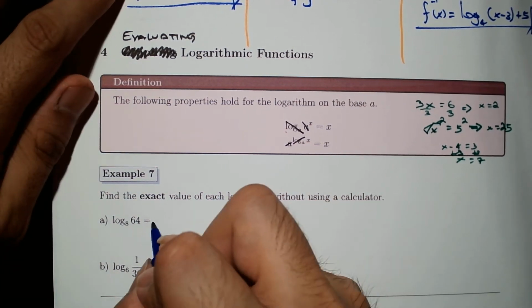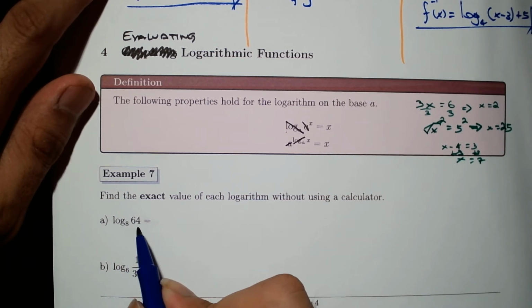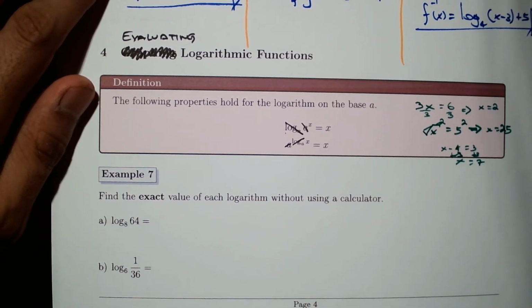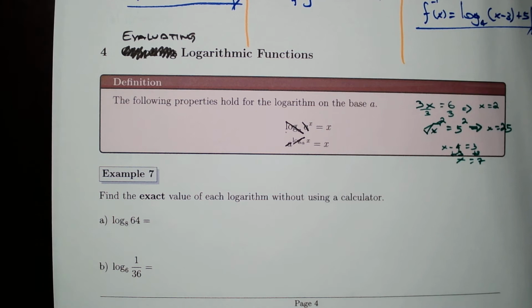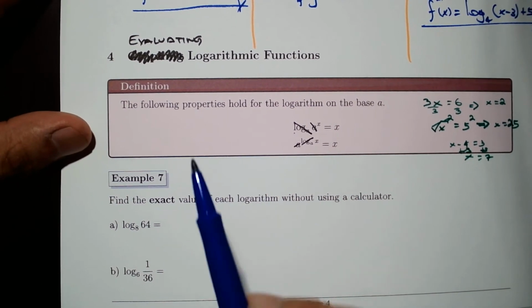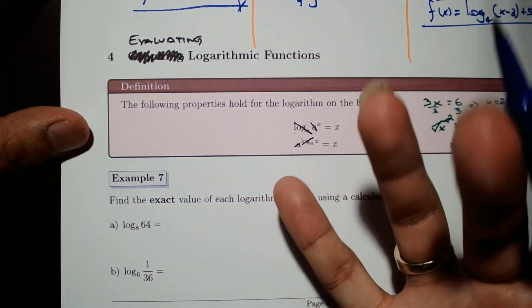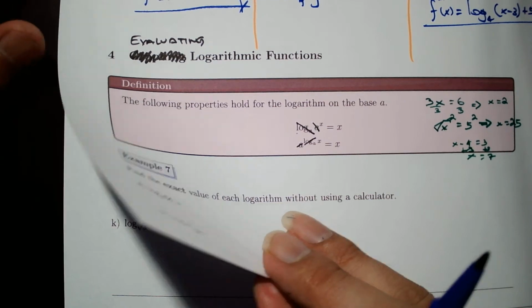The answer is 2, because 8 to the second, which is 8 times 8, equals 64. But now we're going to take a different approach to evaluating these types of expressions. In this sequence of exercises, it will be possible for all of them, by the way.